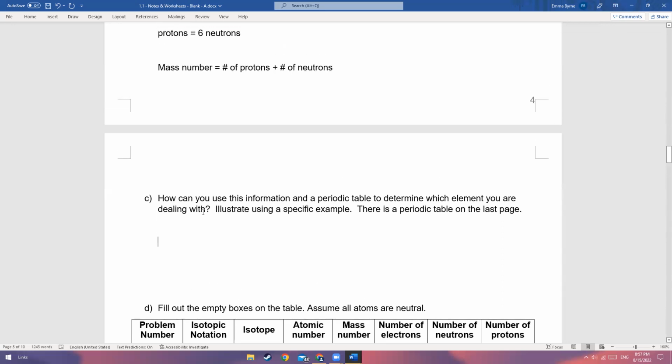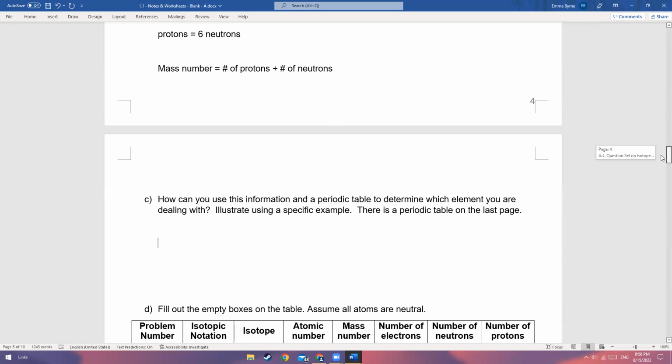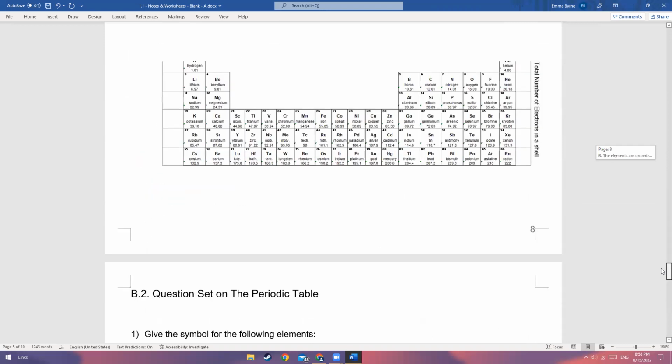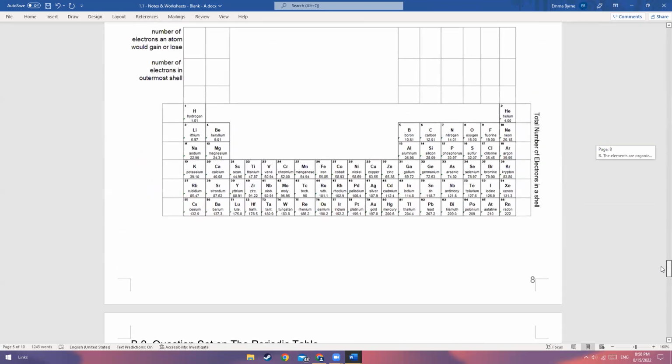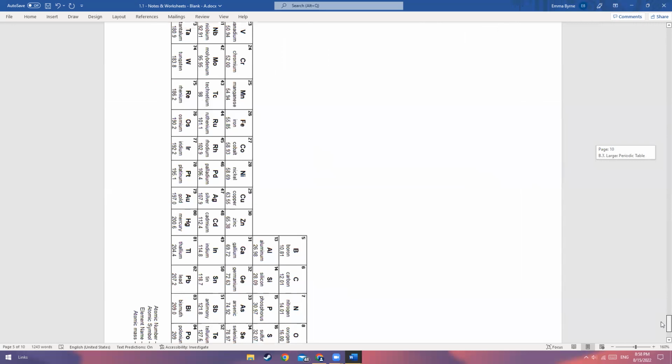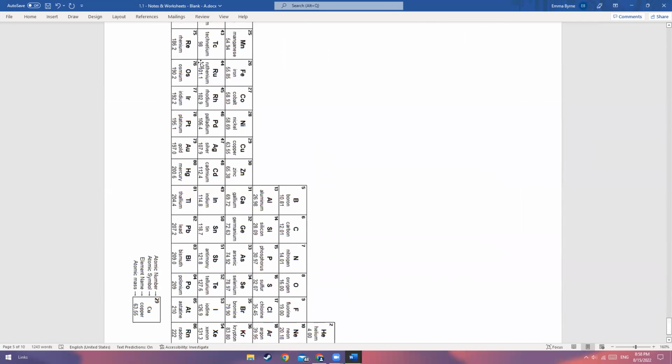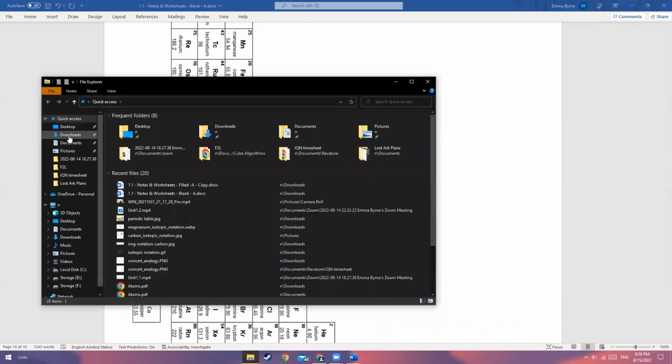How can you use this information and a periodic table to determine which element you are dealing with? Illustrate using a specific example. We could use this periodic table here, I've also got a copy downloaded.